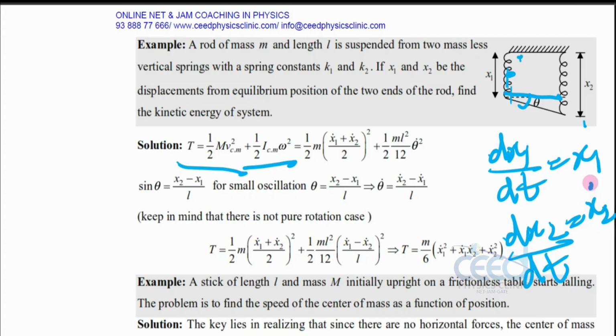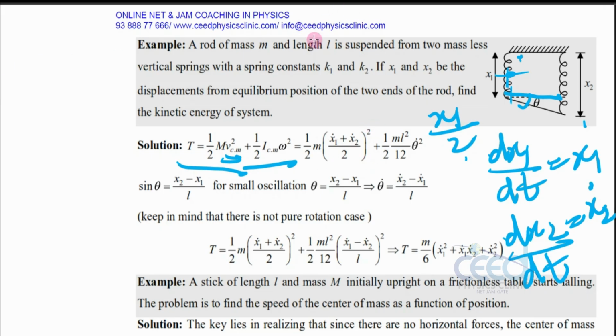The center of mass position is x1 by 2, so the net linear velocity is x1 dot by 2 plus x2 dot by 2, whole squared.